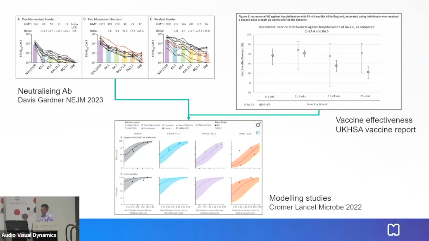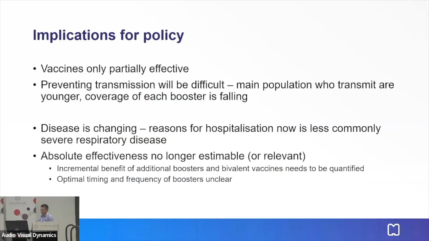And so these studies that Tony mentioned yesterday that measure antibodies really need to be combined with vaccine effectiveness reports, and Deb Cromer and her colleagues have done this great work in trying to correlate vaccine effectiveness against antibodies, and then that can be used for modelling studies to say what is the likely population impact of introducing a new booster or new vaccine.